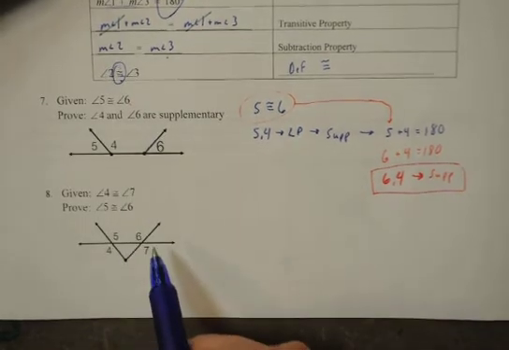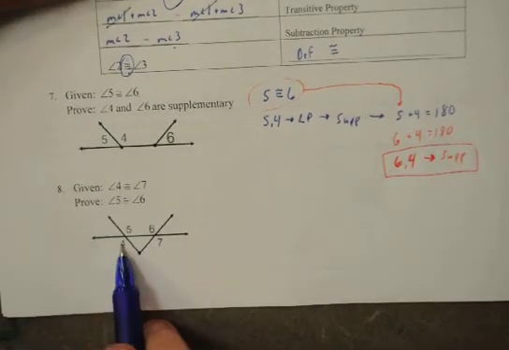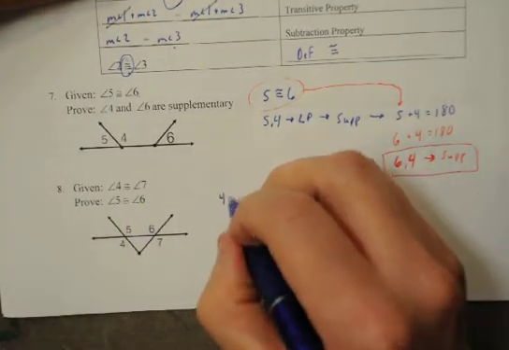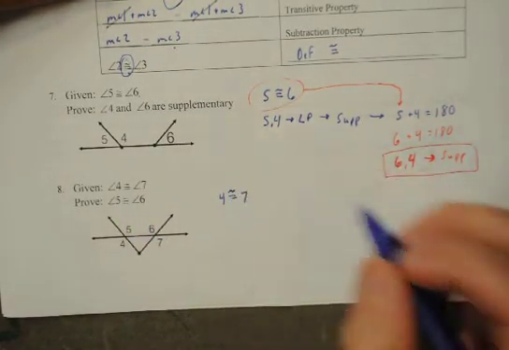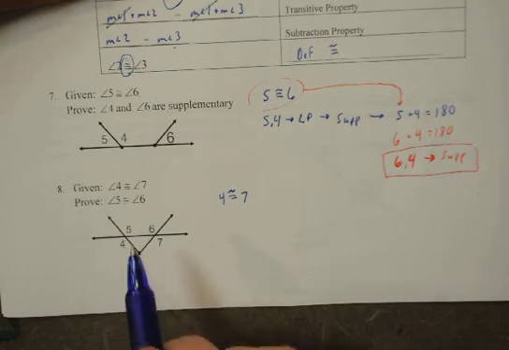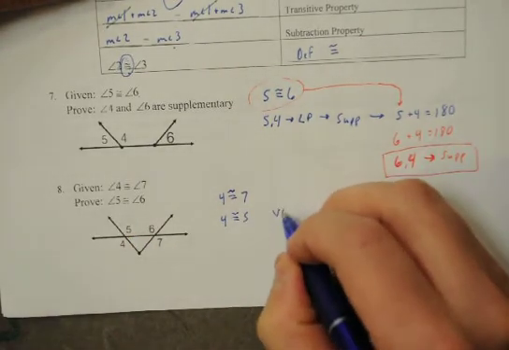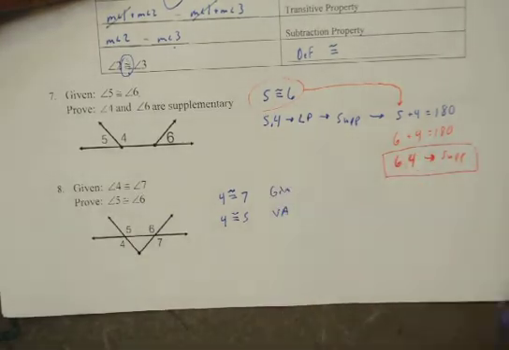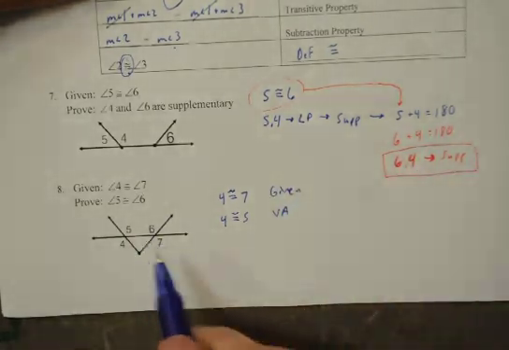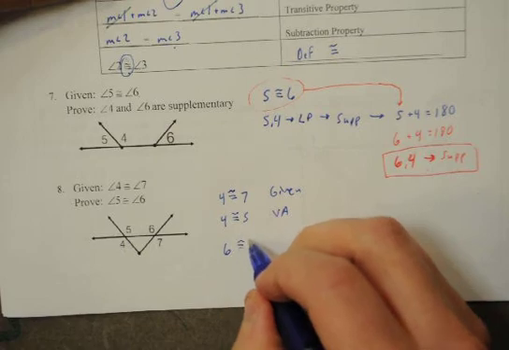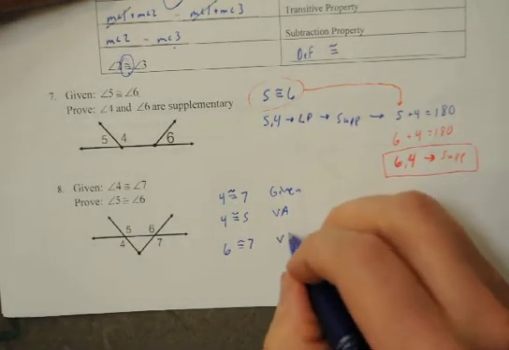An example, this next one, we've got 4 is congruent to 7. We've got 4 is congruent to 5 because of the vertical angles. That was given. We've got 6 is congruent to 7 because of the vertical angles.